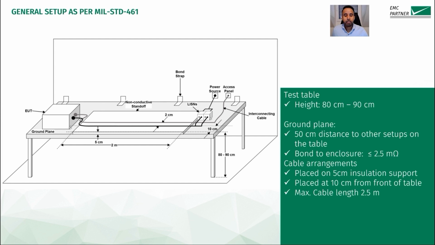All cabling shall be elevated above the ground plane by 5 centimeters using non-conductive support material. Individual cabling shall be separated by 2 centimeters from one another, minimizing crossover as best practice. Power cables, power leads shall be routed to the front edge of the test setup boundary for 2 meters.